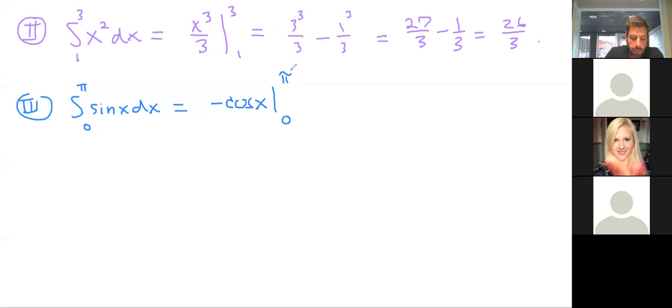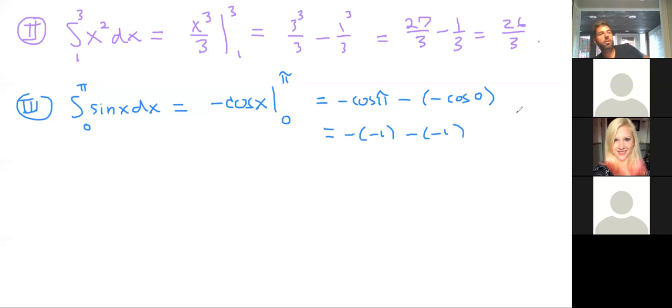And so then this becomes minus the cosine of pi minus the cosine of 0. If you do the arithmetic there, cosine of pi is -1, cosine of 0 is 1. So you get 1 plus 1, which is 2.